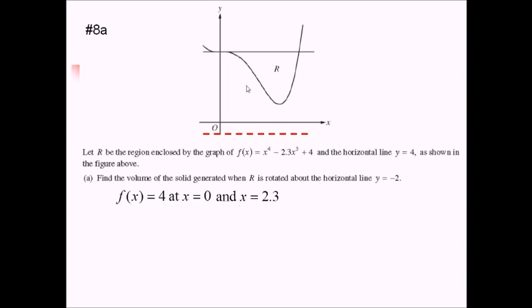Now that I know where this bounded region begins and ends, I need the area of the cross sections. So since we're revolving this solid around this line down here, we're going to have some space between our bounded region and the axis of revolution. That means we're going to have to use washers, donuts, as our cross-section model, because we're going to have some hollowed out stuff when we revolve this.